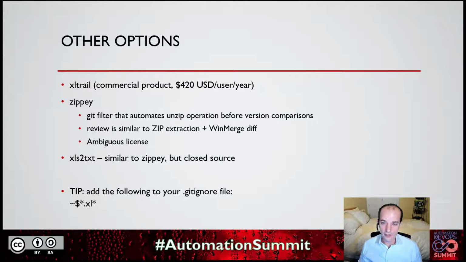Finally, XLS to text is mentioned frequently on various forums pertaining to this subject. It sounded promising, but at the end of the day, it's plagued by the same issue that I saw with Zippy and the other related methods. Basically, what this is doing is taking that Excel file, extracting it, taking its constituent parts, all those XML files, and combining them in a well-crafted way into one text file.